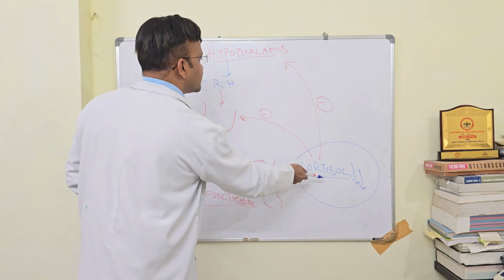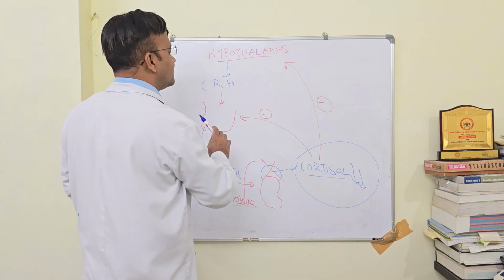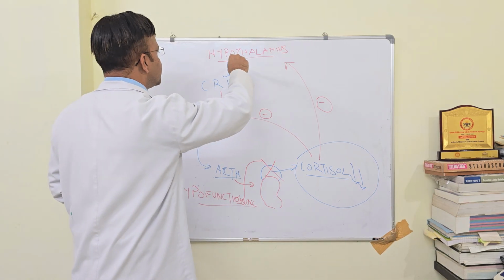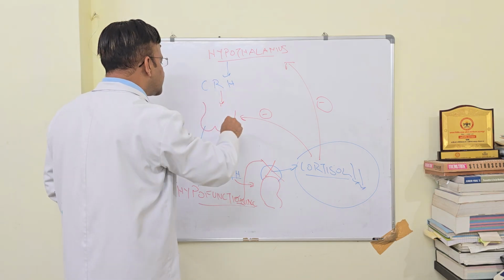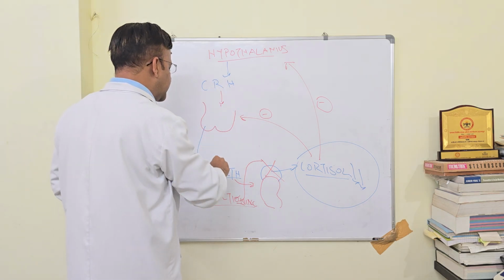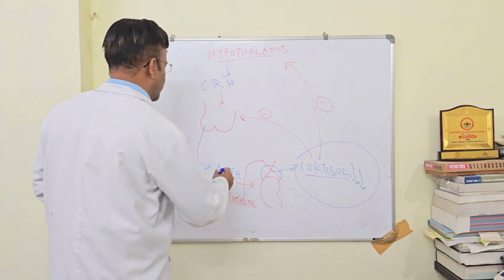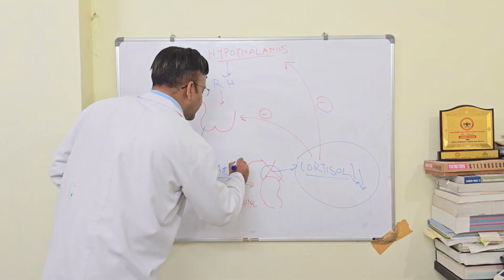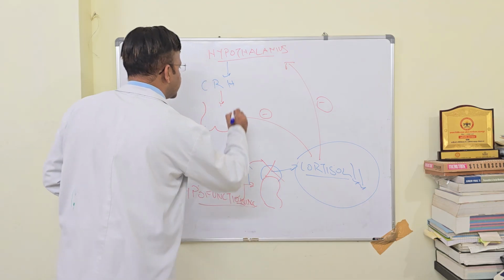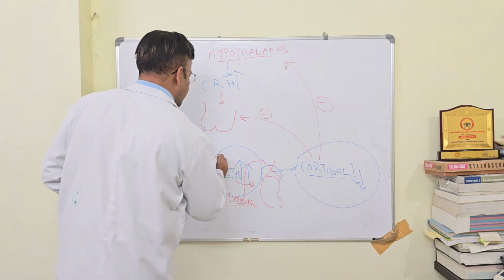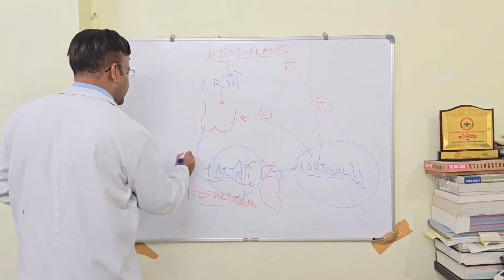That means there is nothing to inhibit hypothalamus from releasing CRH, and there is nothing to inhibit pituitary from releasing ACTH, right? So what ultimately will happen? Of course, the CRH level will increase and your ACTH level will increase, right?